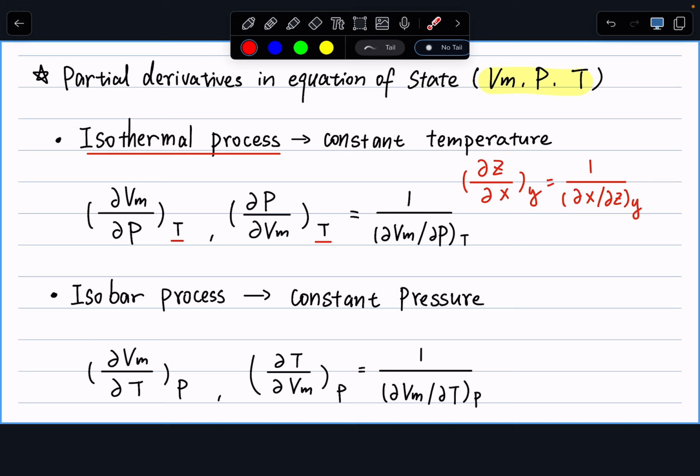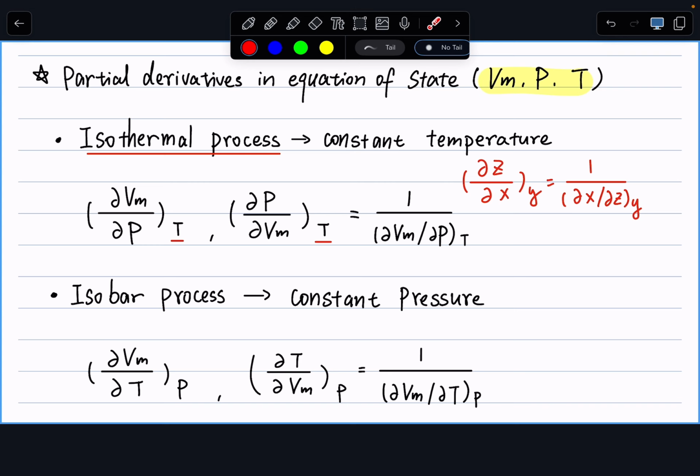If we keep the temperature constant, then there's only one relationship describing the relationship between your molar volume and pressure. It doesn't matter whether you put the pressure or molar volume on the y-axis or the x-axis. The same applies to isobaric and isochoric processes. So we can reduce our 6 partial derivatives into 3. But let's go over it one by one.